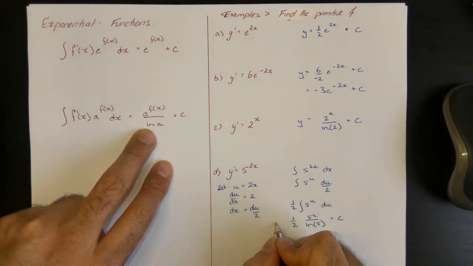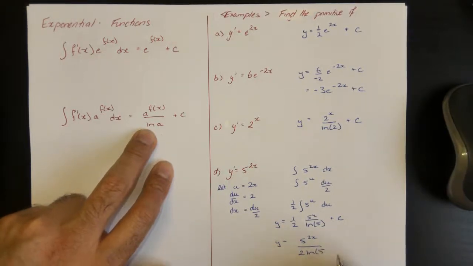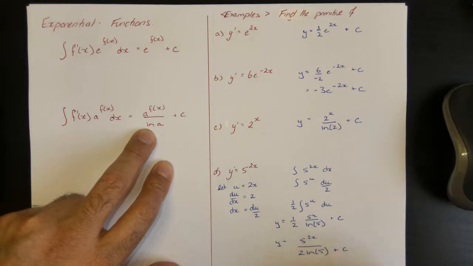So y would be 5 to the power of 2x over 2 log 5 plus c.